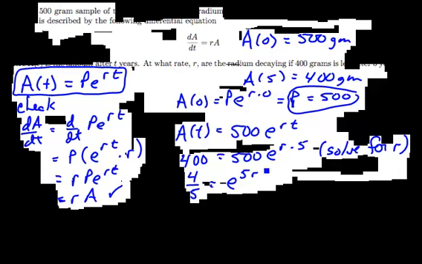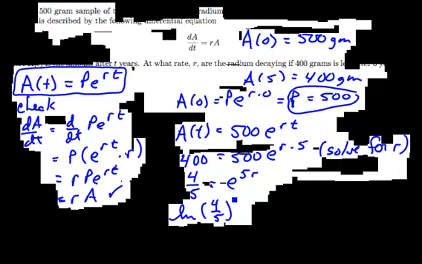All right. Now that I've isolated my exponential, I'll apply the log to both sides to knock the 5r down out of there. And I'll use the natural log since I've got a base e exponential in this problem. The natural log of 4/5 must then be equal to the natural log of e to the 5r, which is simply 5r. And I now have a linear equation in r, so I can solve for r just by dividing the 5 off.